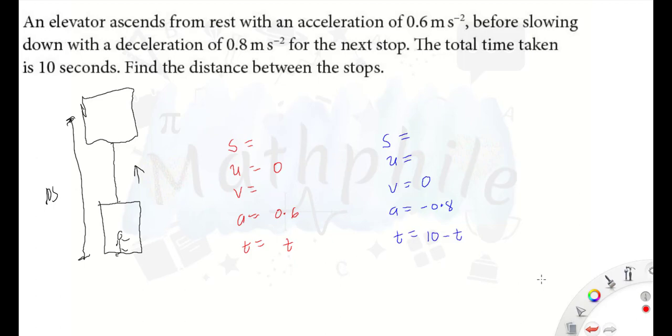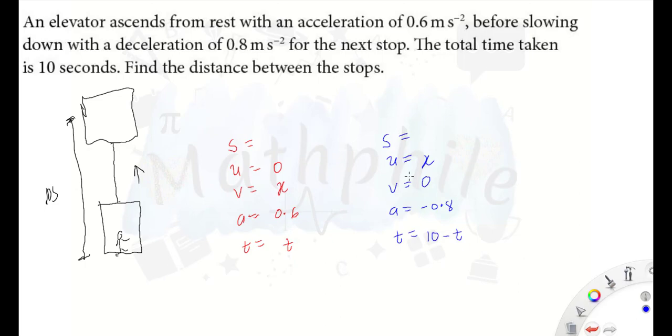In this case, the final velocity for case 1 is going to be the initial velocity for case 2. So if the final velocity of this is x meters per second, then the initial velocity of this is going to be x meters per second as well. Are you getting me? So that is a linking factor.